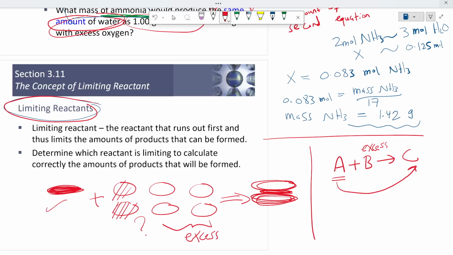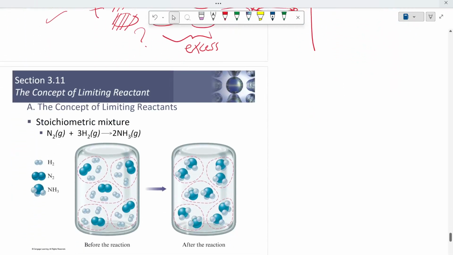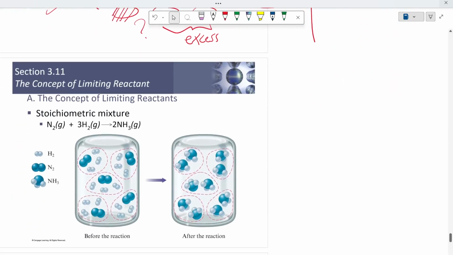I hope the idea is clear, but to illustrate it more, let's take this example. Here we have a reaction between nitrogen and hydrogen to produce ammonia. Nitrogen is represented by these two blue balls. Hydrogen is represented by these two white balls.